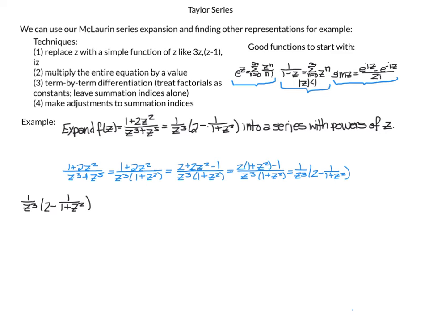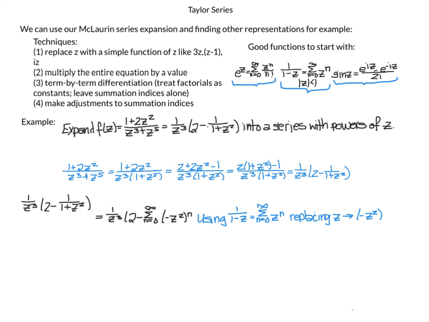And looking over here, this term is closest to this formula here. In other words, this 1 plus z squared looks a lot like the 1 over 1 minus z if I can replace this z here with a simple function like minus z squared. So I've written this formula down: 1 over 1 minus z equals the sum from n equals 0 to infinity of z to the n, and I want to replace the z on both sides of the equation by minus z squared.